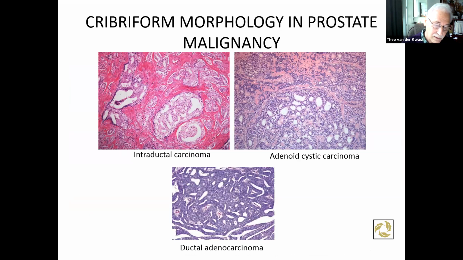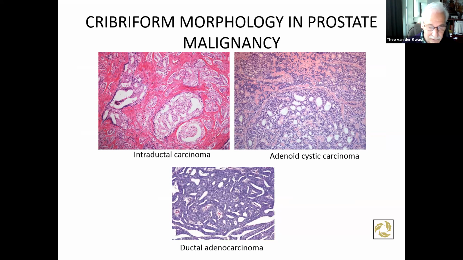Intraductal carcinoma commonly has a cribriform architecture, but is distinguished from cribriform pattern invasive carcinoma by the absence of basal cells. Cribriform architecture can also be seen in a very rare adenoid cystic carcinoma of the prostate, on the right image on this slide, and they are composed of cells with a basaloid morphology.